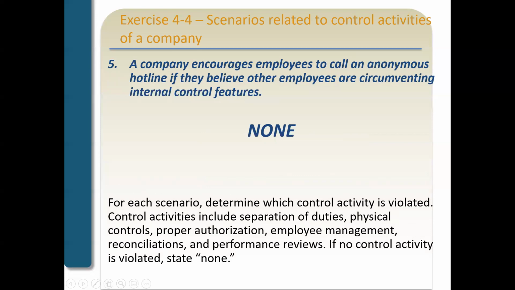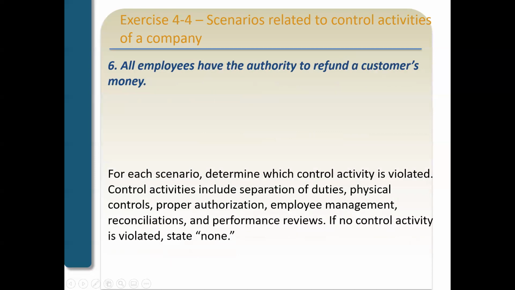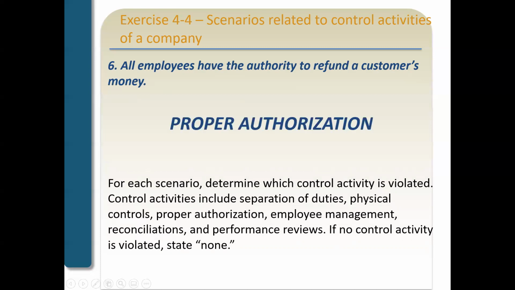Nothing's being violated here. It's a good thing that they have anonymous reporting. Remember, that's how many employee tips happen. All employees have the authority to refund a customer's money. They should have someone that authorizes that refund of money.